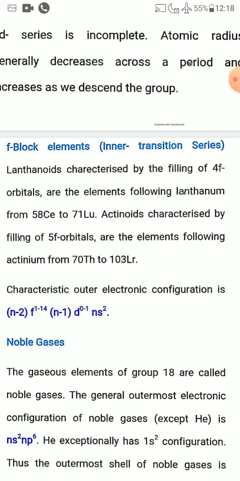In case of lanthanides, electrons enter into the 4f orbital, and in case of actinoid elements, the last electron enters into the 5f orbitals. The actinide elements are thorium to lawrencium.